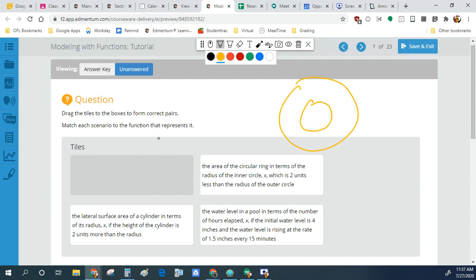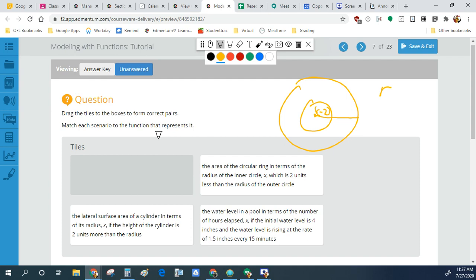We have an inner circle and an outer circle. The inner circle is 2 units less than the radius of the outer circle. So that means we have this r, and this little r in here is going to be r minus 2 because it's 2 less than the outer circle.